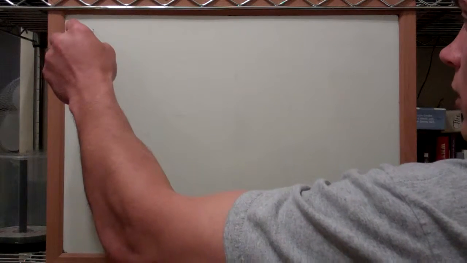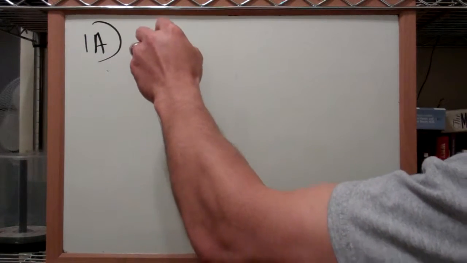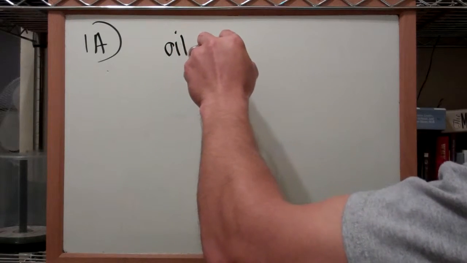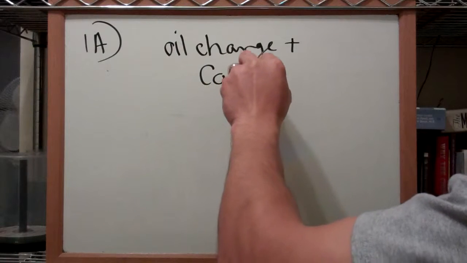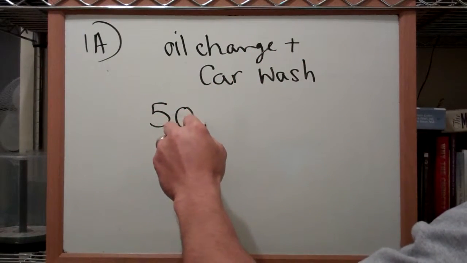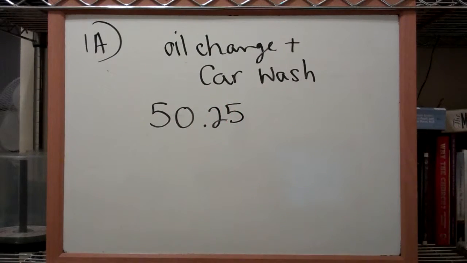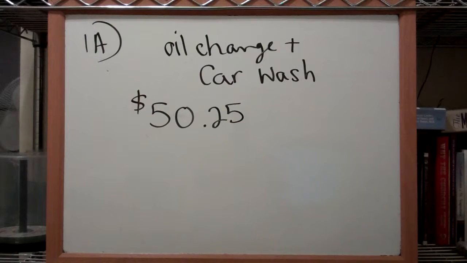So for part A, this is number 1A, we're talking about someone who does not own a discount card. So for an oil change and a car wash, they're going to have to pay $50.25 each time they go get an oil change and a car wash.